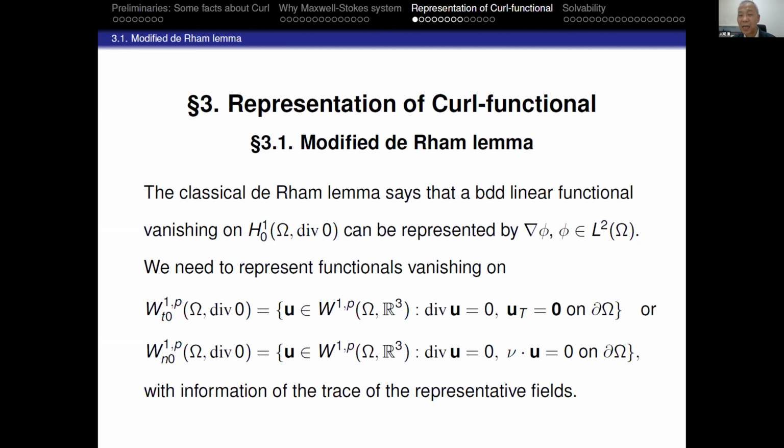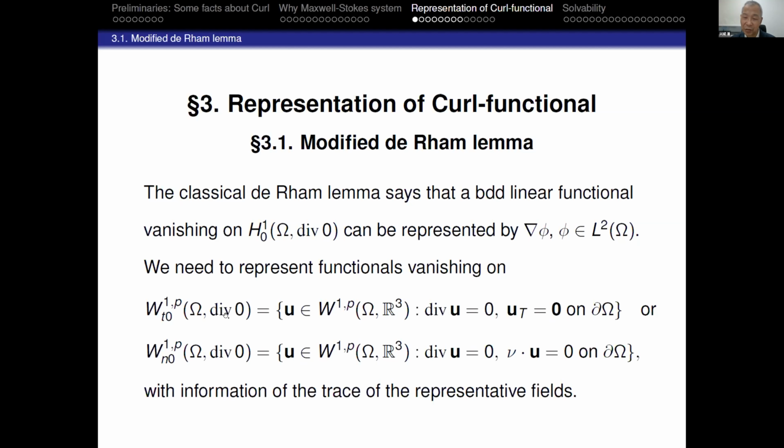And the Dirac lemma does not give you the information of the trace of phi on the boundary. And for our purpose, somehow we need some information. Okay? And we consider the following two spaces. One is W1P T0. T0 means that every element in this space has tangential component 0.